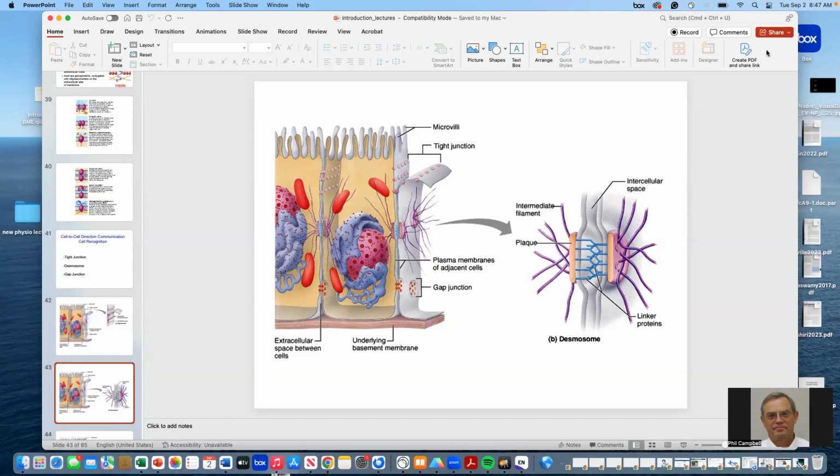So as I'm pulling the cell this way, I'm putting tensile strength on the linker proteins in the adjacent neighboring cell, to its anchor point, to its intermediate filaments. And so I'm going to stretch those intermediate filaments. So this allows mechanical communication between two adjacent cells. Those are roles of desmosomes.